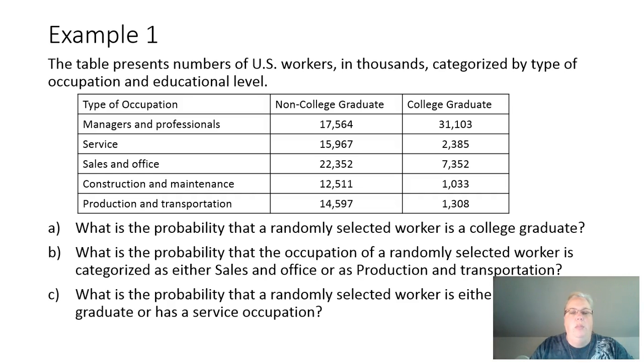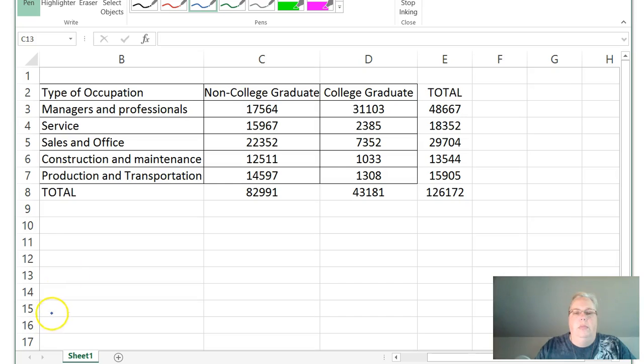B. What is the probability that the occupation of a randomly selected worker is categorized as either sales and office or as production and transportation? Okay, so we are looking for the probability of sales and office or production and transportation.